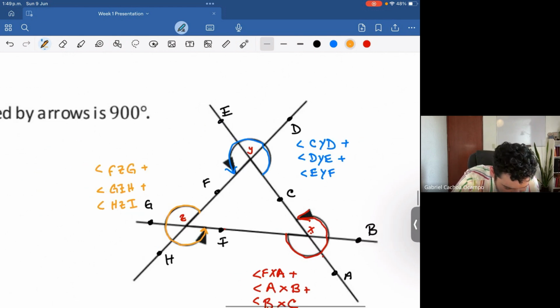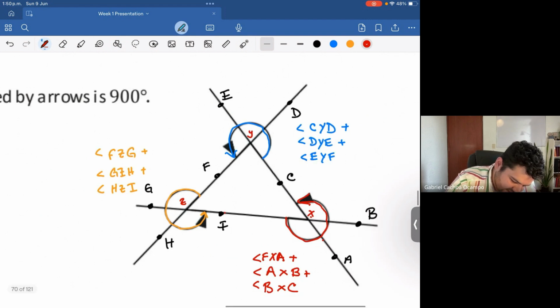Okay, now, do you agree that this set of angles plus this one is 360? And this set of angles plus this one is 360, and this set of angles plus this one is 360.